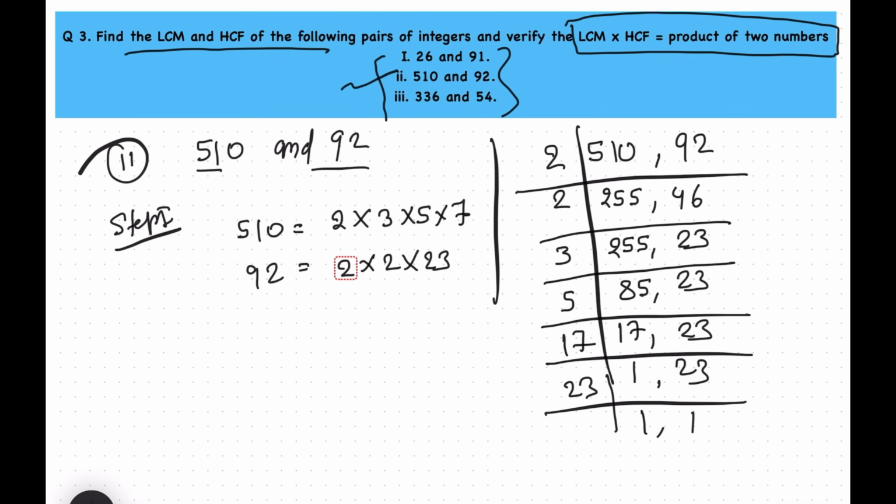So the LCM will be the highest power of all the numbers. Simply, we can write 2 square, because for the 2, if you see, this is 2 square here, and here there is no square, all are 1.